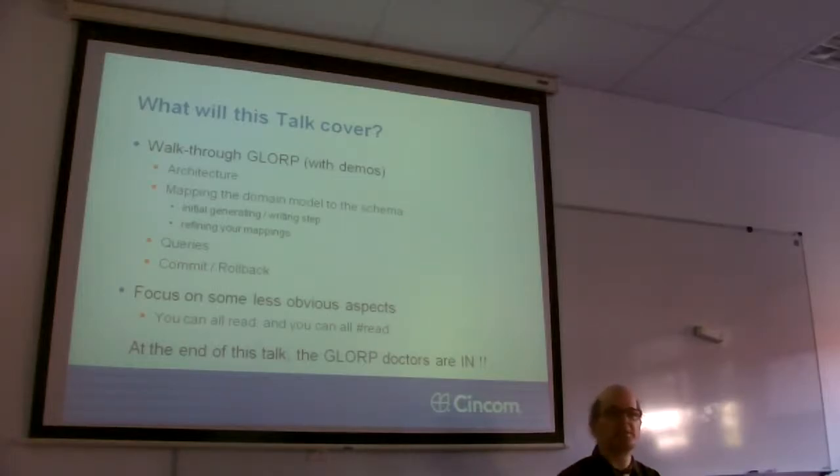Now, GLORP can do that, but the point is GLORP can do so much more. If someone brings you a legacy database that was written 20 years ago, it's not going to conform to Active Record style. So you want to be able to deal with that, and you'd like to do that as fast as if you were using Active Record. So I was just using Active Record as an example of the quick, fast on the rails, but limiting.